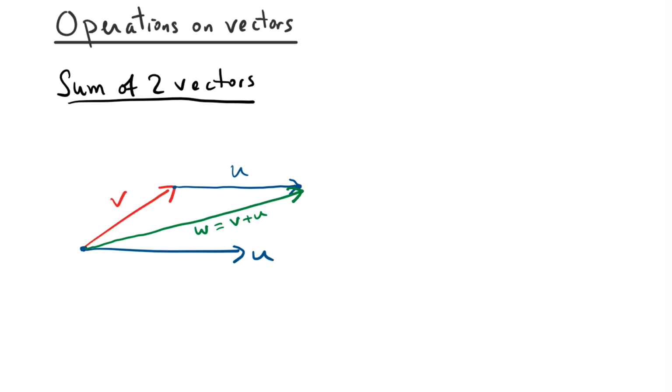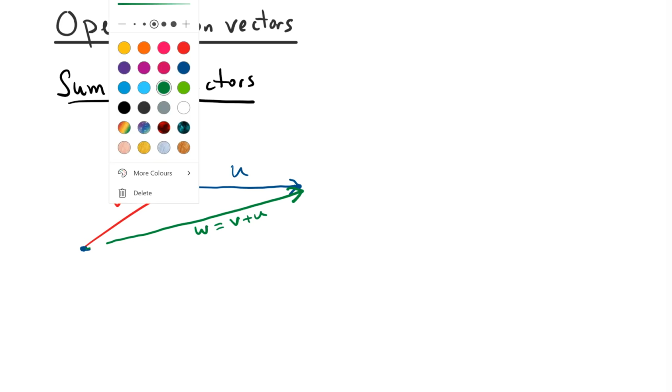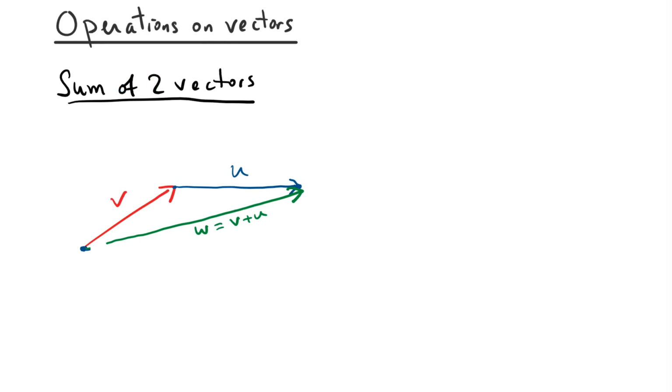In some way I've moved this vector u that was below here. Let me erase it, and I've placed it so that it's now starting where v ends, and that creates a new vector, which is the sum of v and u.